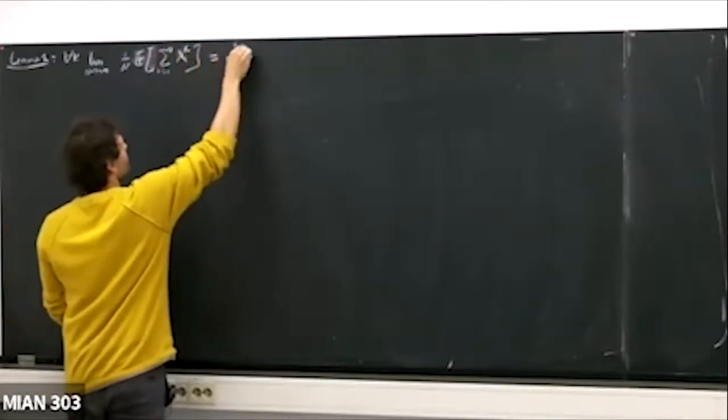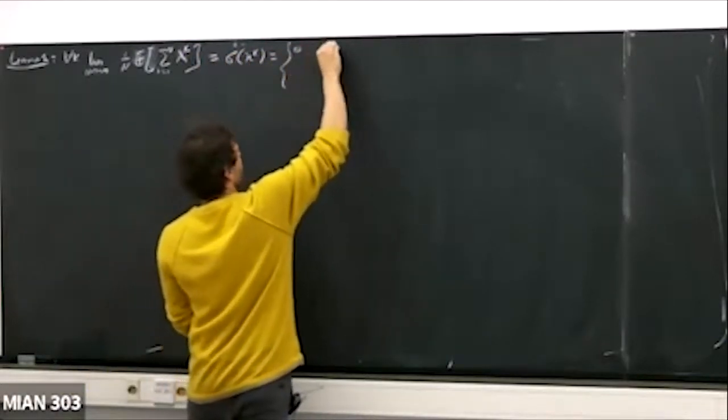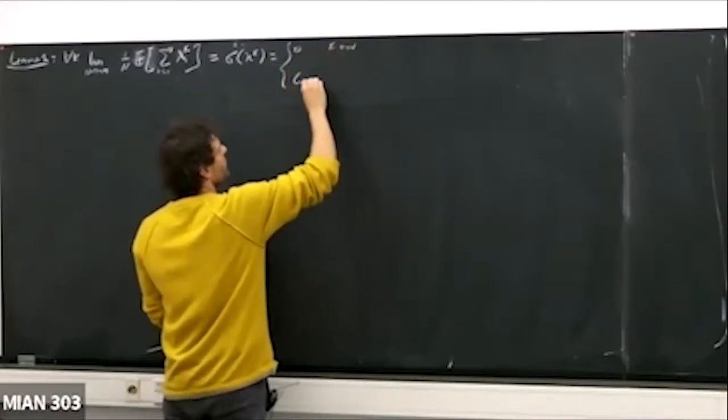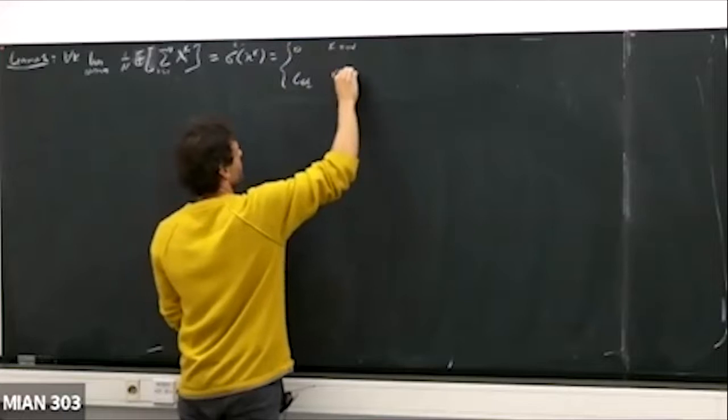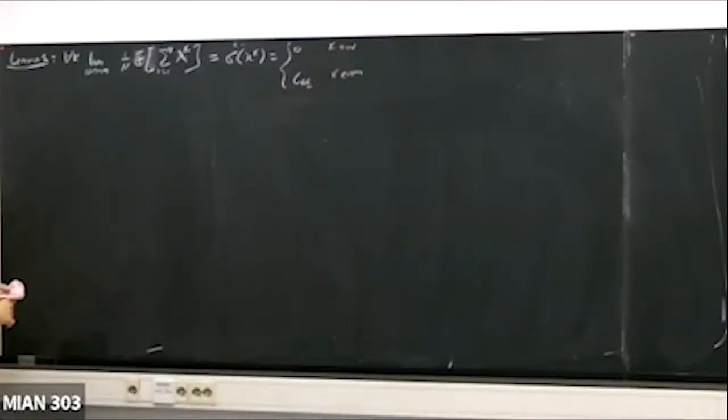It was only the expected value, so this is a number. It is equal to sigma of x to the k, which was equal indeed to 0 if k is odd, and to C_{k/2} if k is even, where this was a k factorial expression and so on. That's what we want to prove.